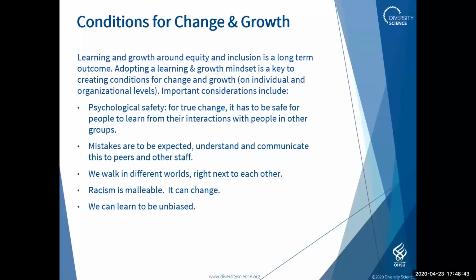A growth and learning mindset toward intergroup interactions, where the expectation is that people are going to be open to learning, not that they're going to be perfect, is extremely important for a positive climate and for the kinds of approaches we're using.